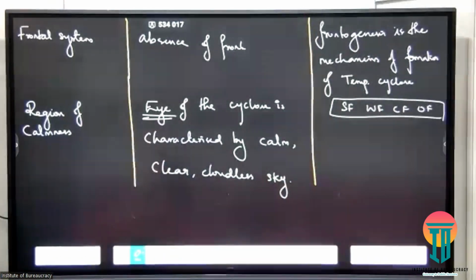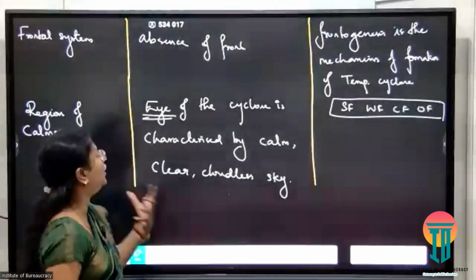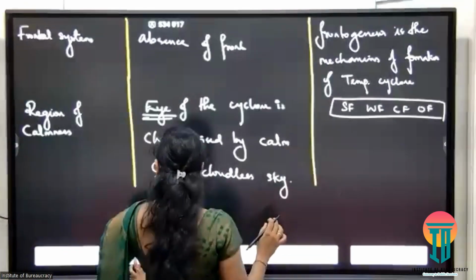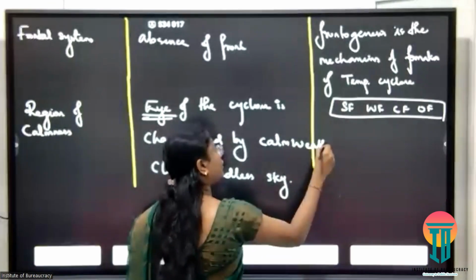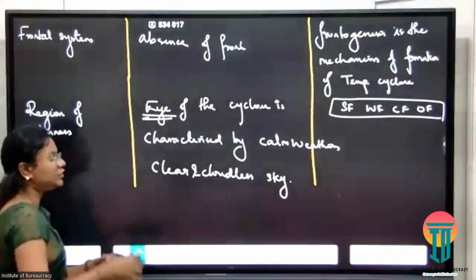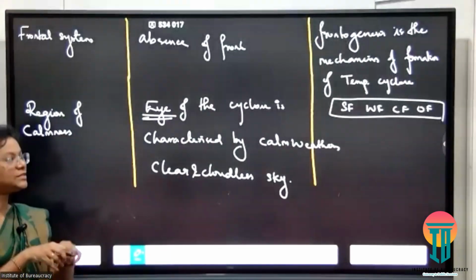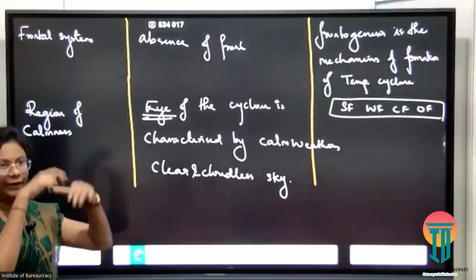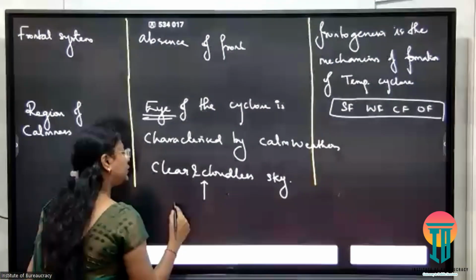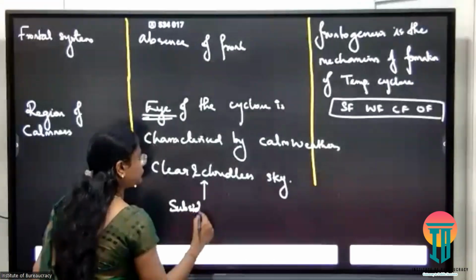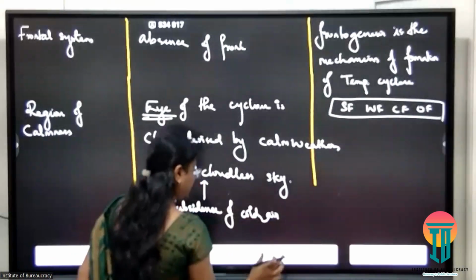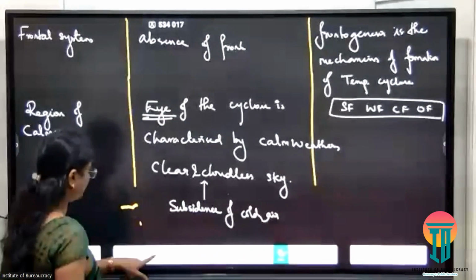Why does the eye experience calm weather and a clear, cloudless sky? Because this is where subsidence of cold air happens, an anticyclonic condition, within the cyclone.